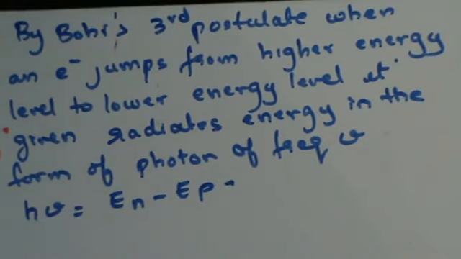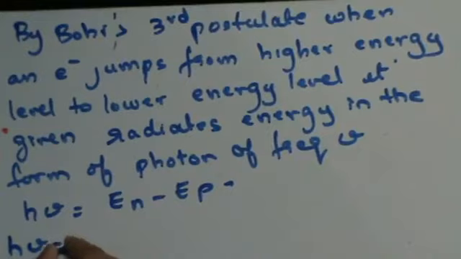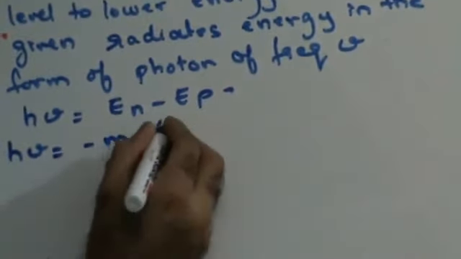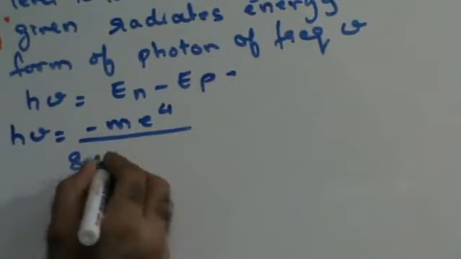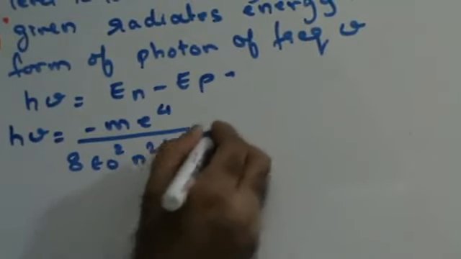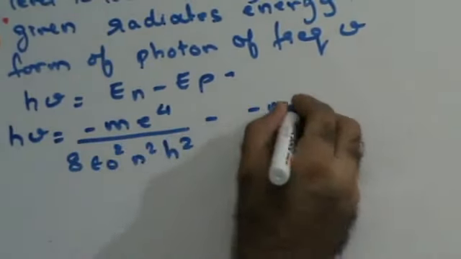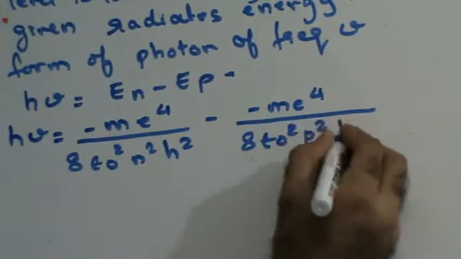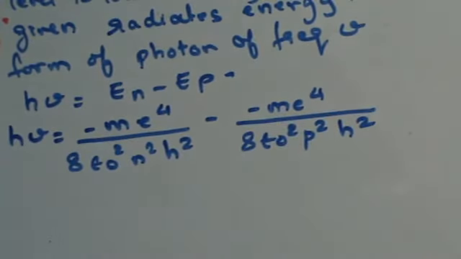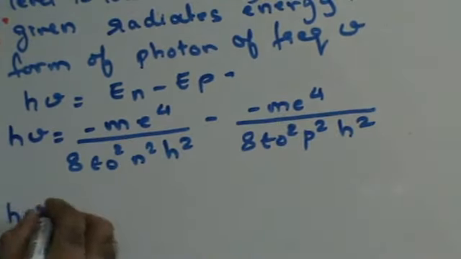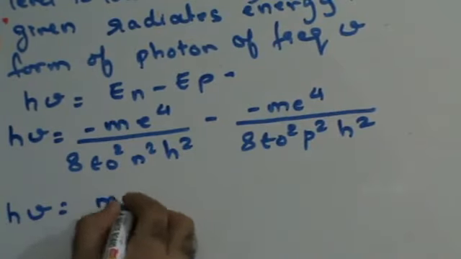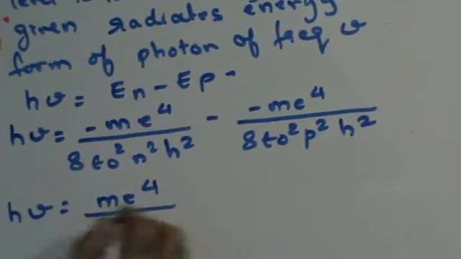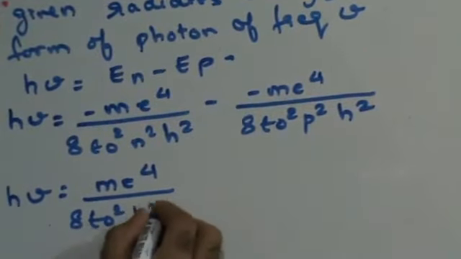hv is going to be, I'm straight away just writing Bohr's third postulate, right? Now I know the value of En and Ep, so I can say hv is equal to minus me^4 upon 8 epsilon 0 square n square h square minus me^4 upon 8 epsilon 0 square p square h square, right? Here I could take me^4 upon 8 epsilon 0 square h square common.